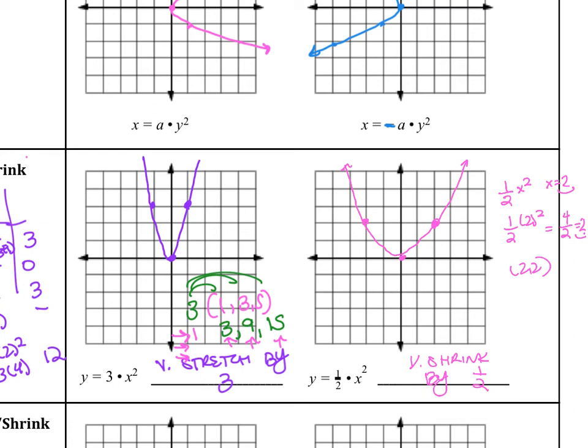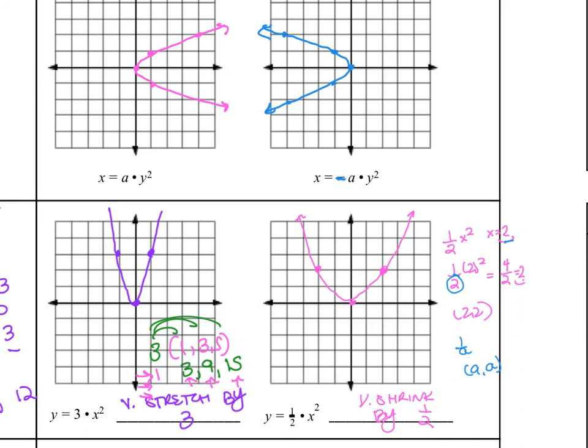Now, kind of as a hint, when you have a fraction like this, what we can do is pick whatever that denominator is, and you're going to get that same value back. So 1 over a, you choose the a, you're going to get that same value, a. So you move right a, up a from the vertex. Now I'm going to show you with, say, 1 over 5. 1 over 5x squared. We're going to choose a 5, right?